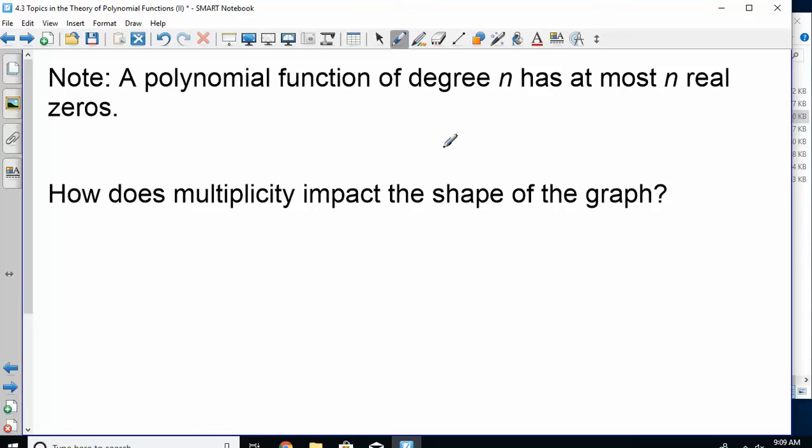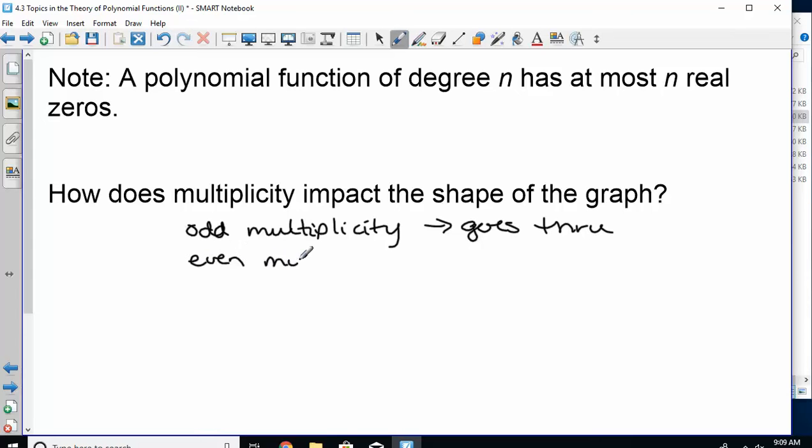And we said odd multiplicity goes through, and even multiplicity bounces. Pieces that we've had along the way.